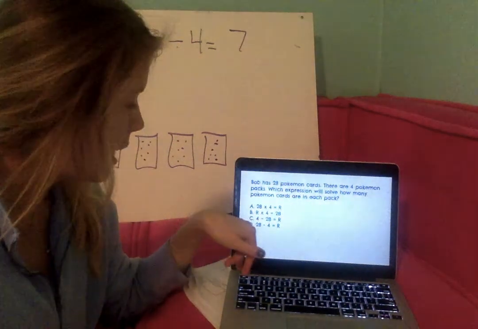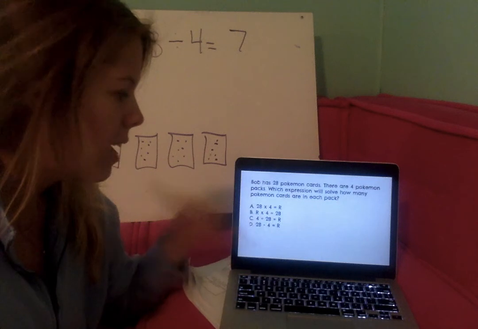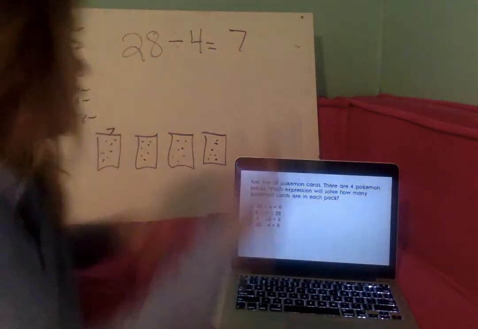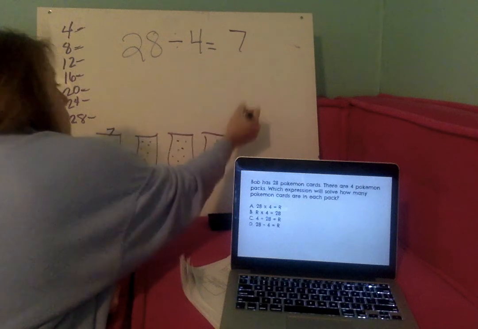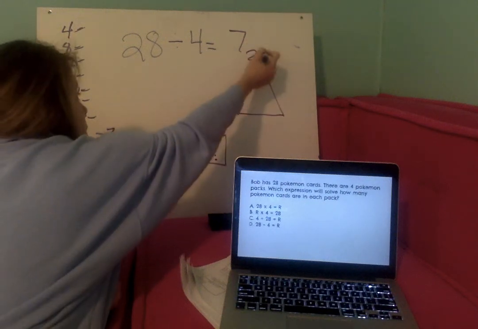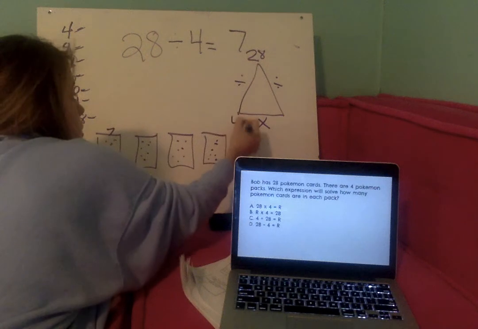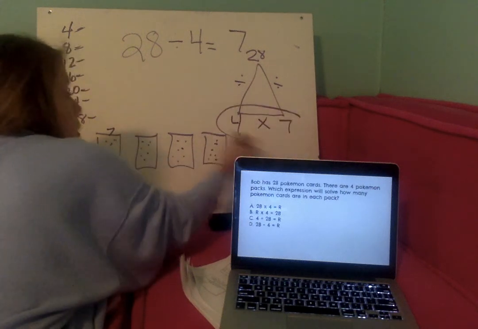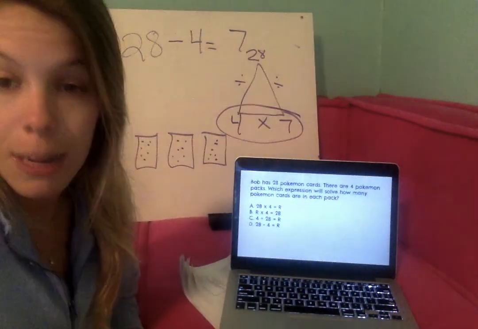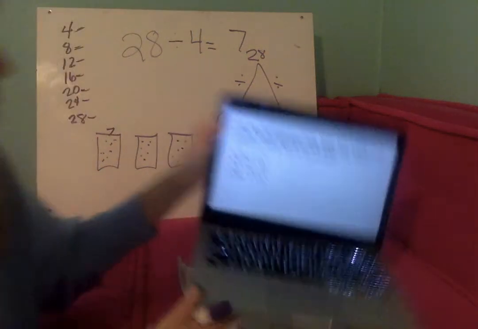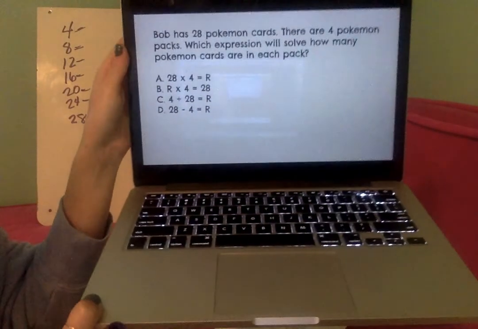C, we already said no. And D, 28 minus 4 equals 7? No. That equals 24. Now, let's look. If we were to put this in the triangle, 28 would go here, groups, and in each group. 4 times 7, or 7 times 4, because that works, would be the answer. So, B, 7 times 4 equals 28.